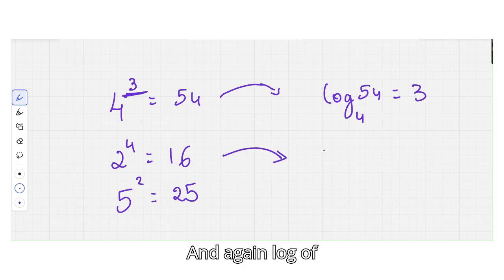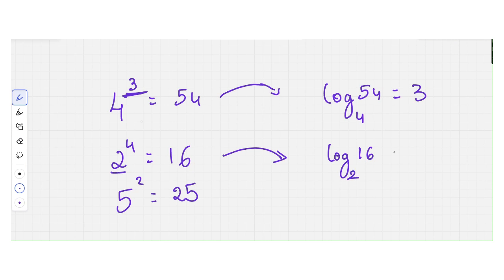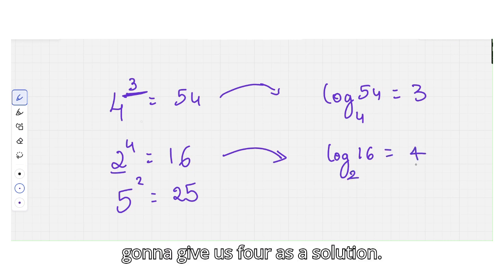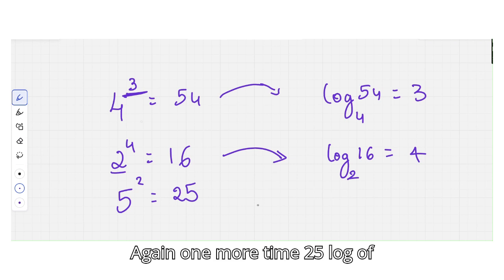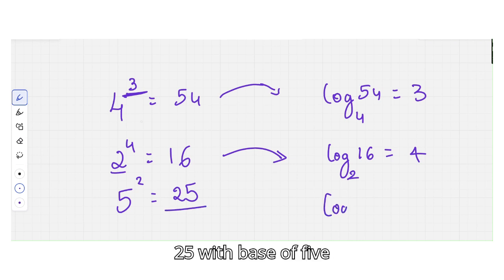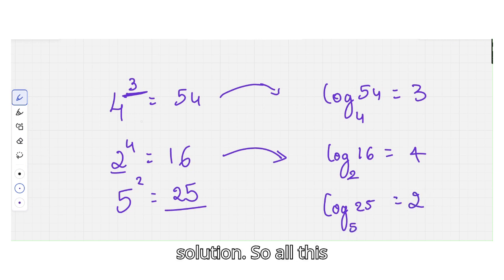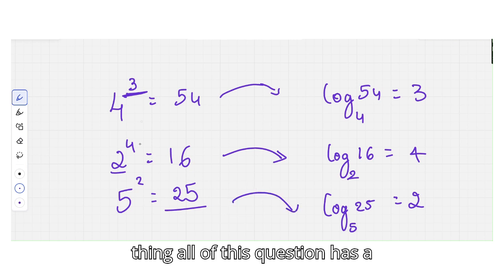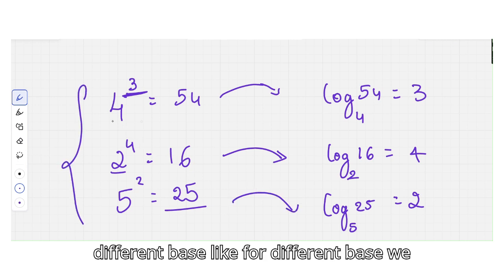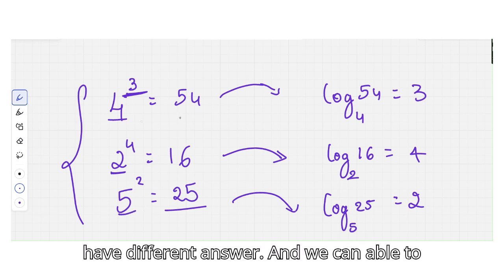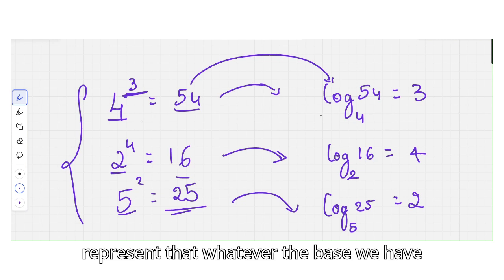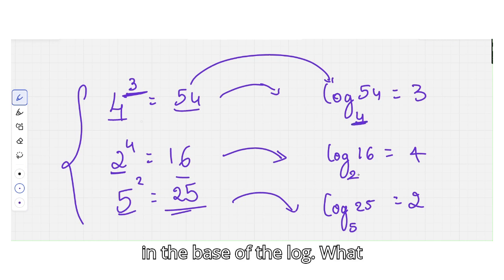And again, log of 16 with a base of 2 gives us 4 as a solution. One more time, log of 25 with base of 5 gives us the value 2 as a solution. So all of these questions have a different base. For a different base, we have a different answer, and we can represent whatever base we have in the base of the log.